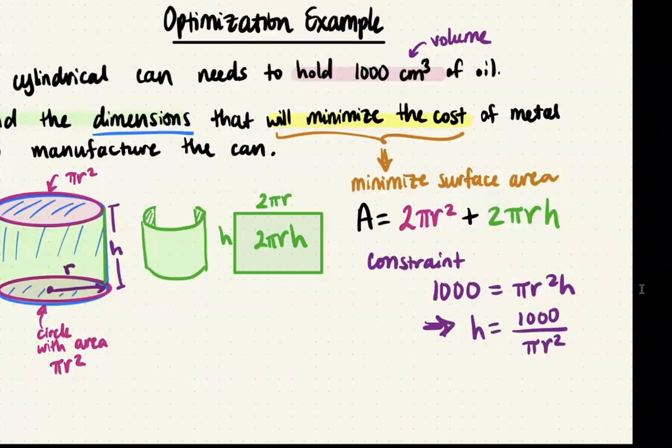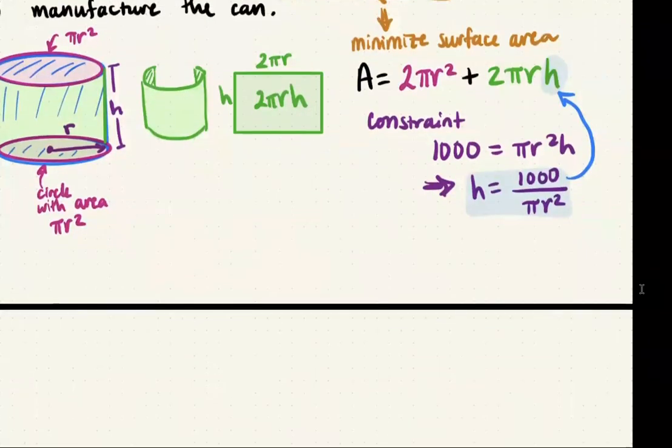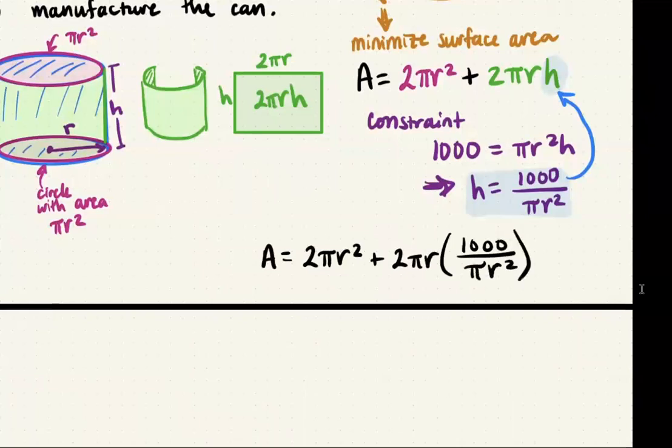Cool. Now I know I have this expression for h. So wherever I see h in my surface area equation, namely here, I'm going to replace that h with 1,000 over pi r squared. So let's do that. So the surface area is 2 pi r squared plus 2 pi r times 1,000 over pi r squared.